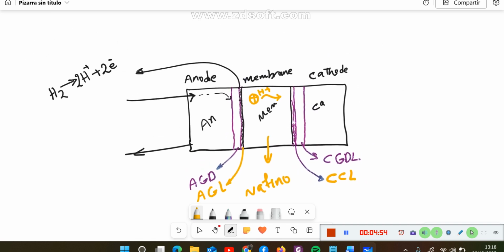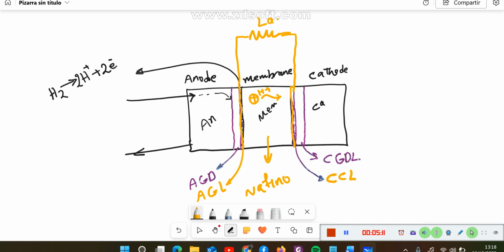We have a bipolar plate here as well, which conducts the electrons. So we have an electrical circuit here.